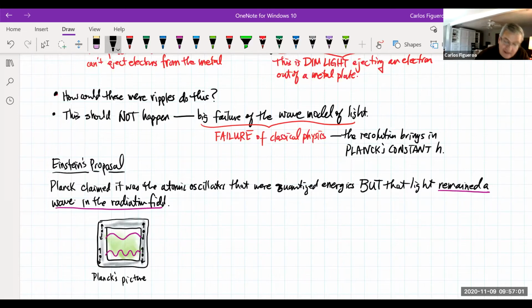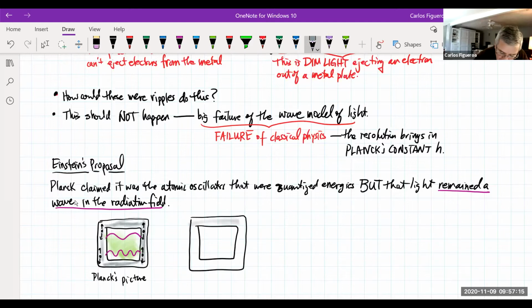But what did Einstein say? Einstein came back and said the following: that's not what happens. When you look at his picture, he says that this radiation is not made up of waves.